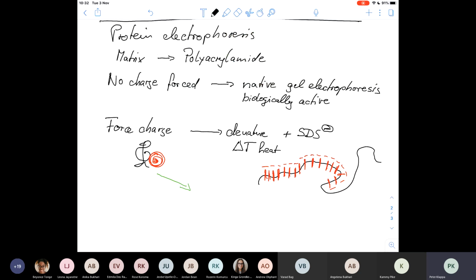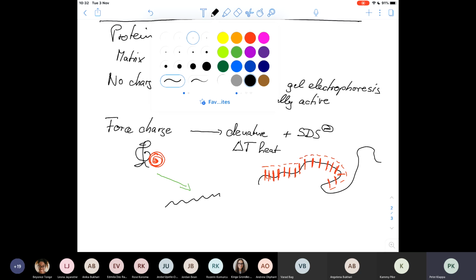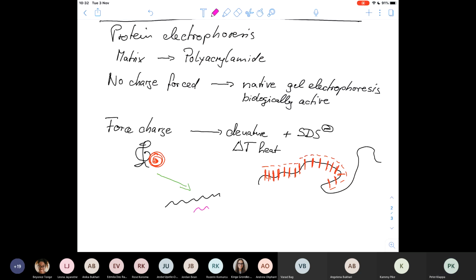We will get the black protein and we will get the pink protein separated from each other. So this method rips apart everything that is non-covalent. So non-covalent bonds will be disrupted.